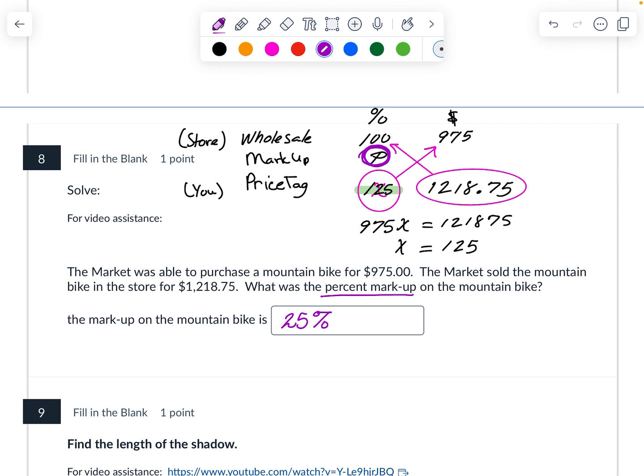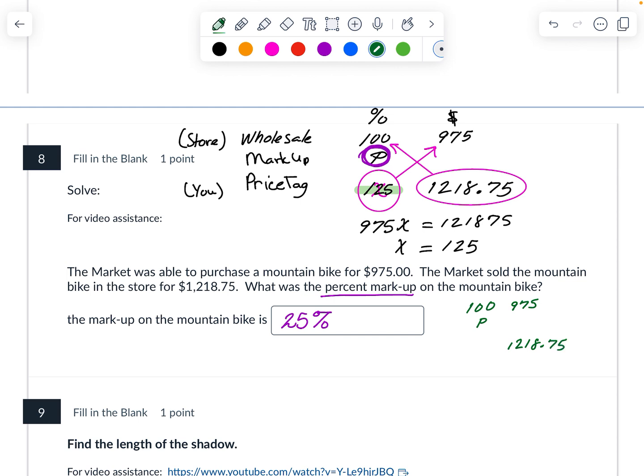Okay, the other way I did it, when I did it earlier this morning when I made this problem, my numbers were 100, I didn't know the percent, this was 975, I didn't have a number there, but I had the 1218.75 there.